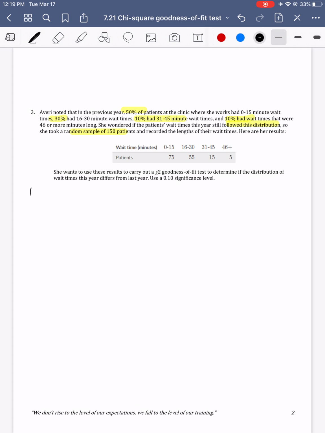So now to calculate the expected value, let's do this for the 0 to 15 minutes. I'm going to take my n, so here I'm going to take the 150 as my sample, and then I'm going to multiply by the percent.